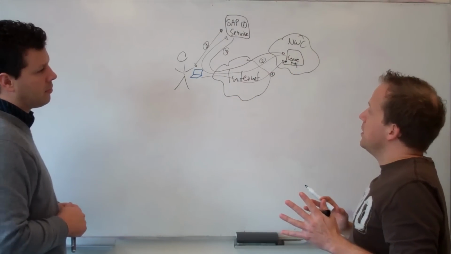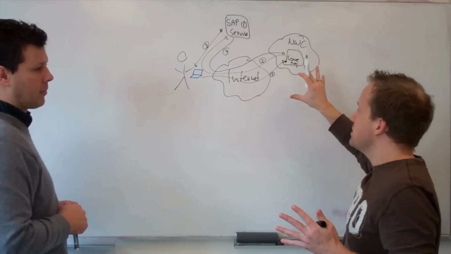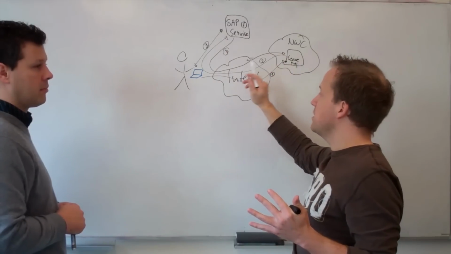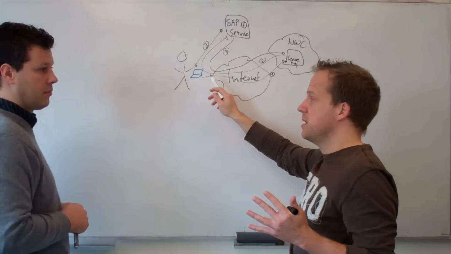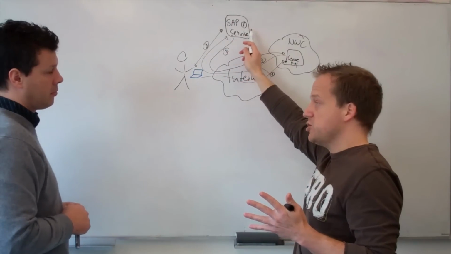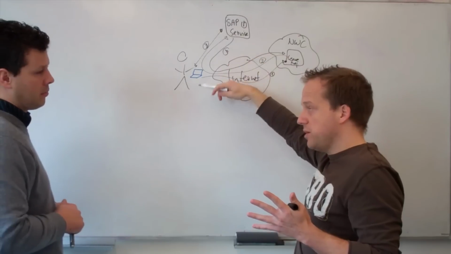So the benefit of this solution is that in case the user has now successfully authenticated and afterwards, for example, accesses the SAP Community Network, which also delegates authentication to this central system, the user won't be asked again to authenticate.